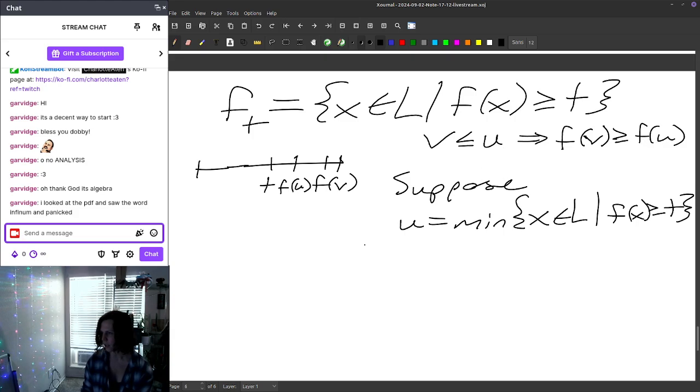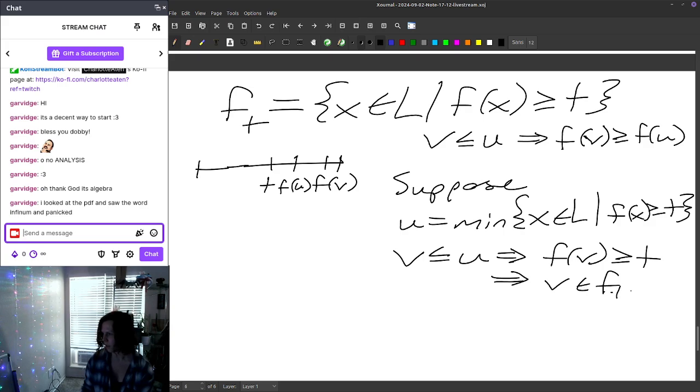So that is telling us then that if v is less than or equal to u, then that is going to imply not just that f of v is greater than or equal to f of u, but it's also going to imply that f of v is greater than or equal to t, and so that in turn means that actually v was an element of this f sub t.